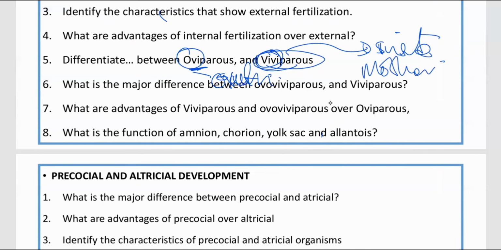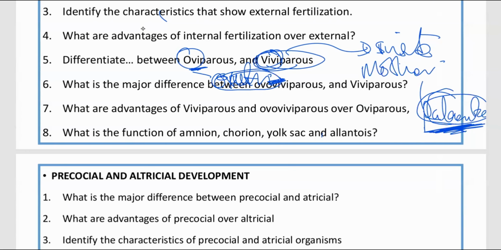How does it obtain nutrients? Through placenta. So here we need to talk about placenta. Development is inside the mother's womb, and the embryo obtains nutrients from the mother through placenta. So we need to see that word placenta there. Here the development is outside the mother's body, and the embryo obtains nutrients from the egg yolk.